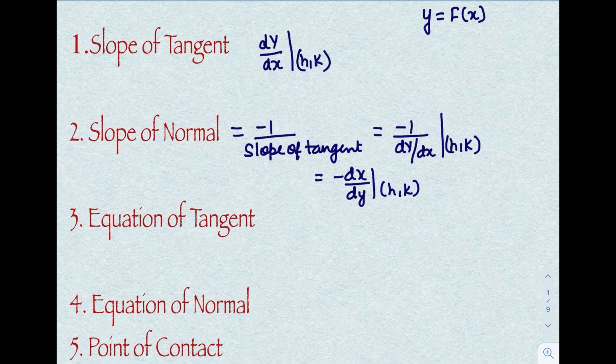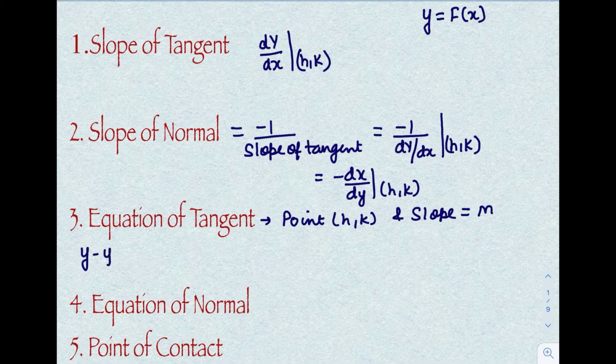Now if we need to calculate the equation of the tangent, we require two things, that is first is point that is h comma k, and the slope of tangent that is represented by m. Then in that case we know y minus y1 is equal to slope x minus x1.